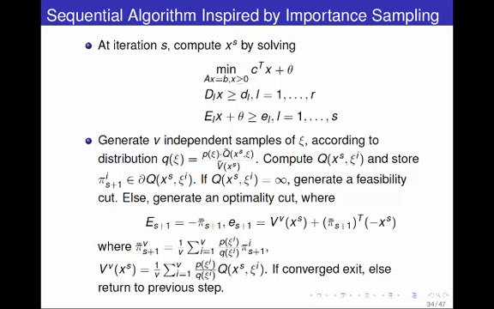And here's how you would do it in code. At a given iteration, you have the relaxed problem. You have an estimate of this q and how it depends on x. You generate your little q distribution, and you sample a bunch of samples out of that distribution. Then you use the same recipe for an optimality cut that I showed you earlier for sample average approximation.